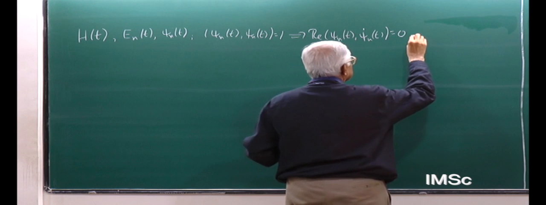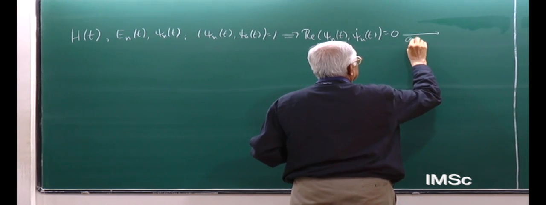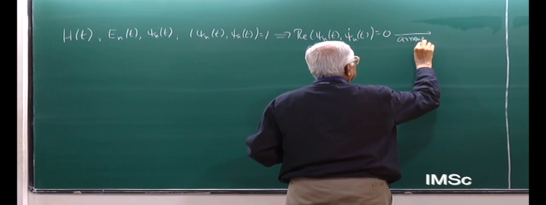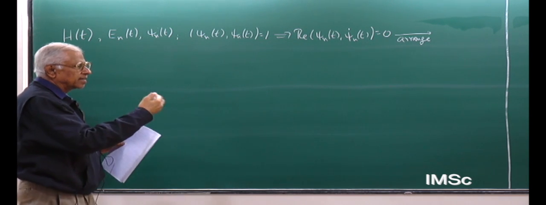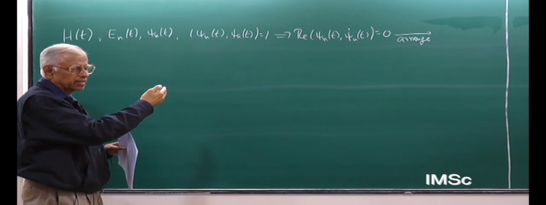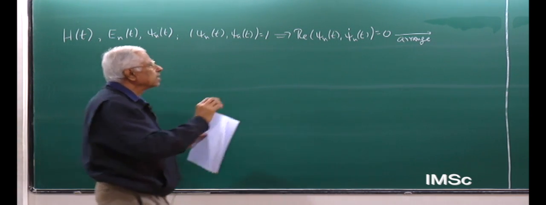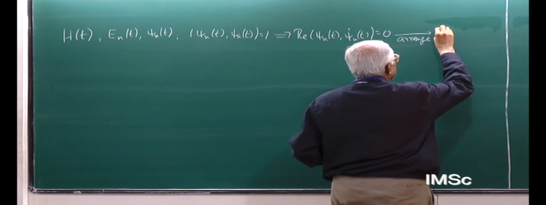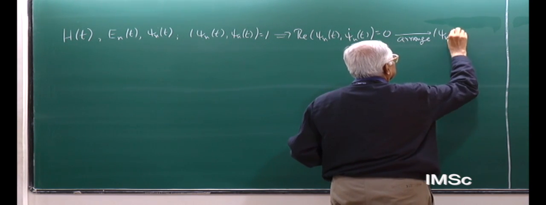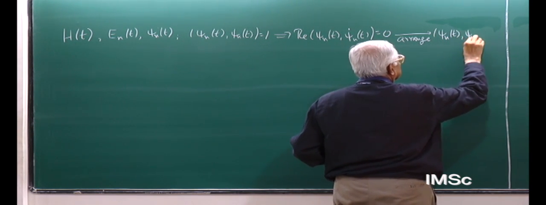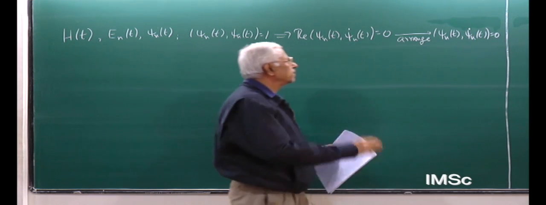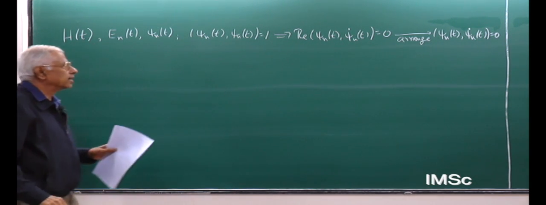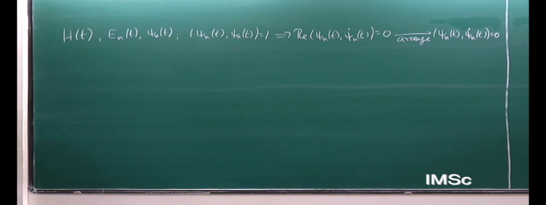And then I said, let us arrange the arbitrary time-dependent phase which is allowed in each psi n to be such that we have this condition. We arranged it in this way.